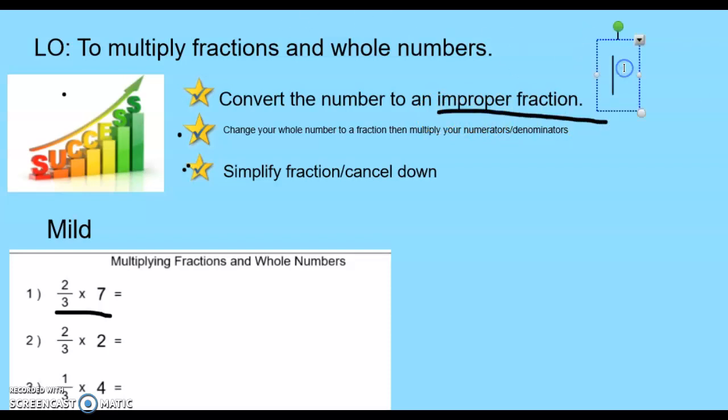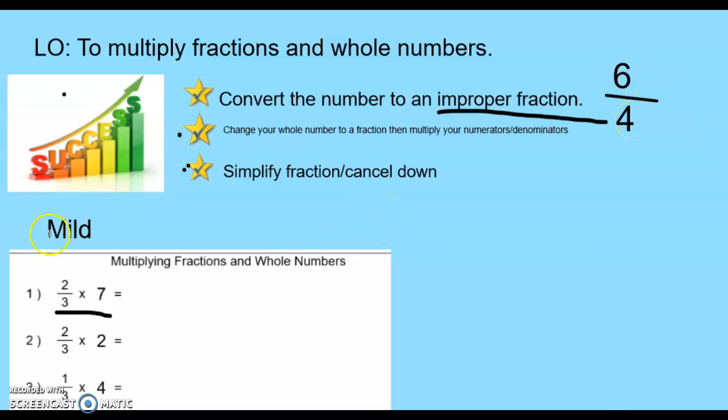Now, an improper fraction is a fraction when the numerator, the top number, is bigger than the denominator. So 6/4 is an improper fraction because the numerator is bigger than the denominator.